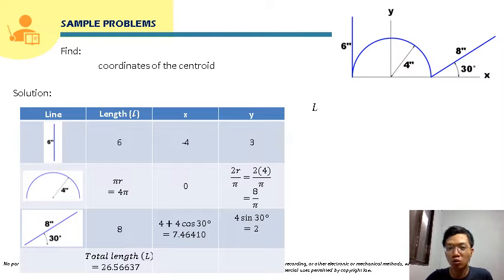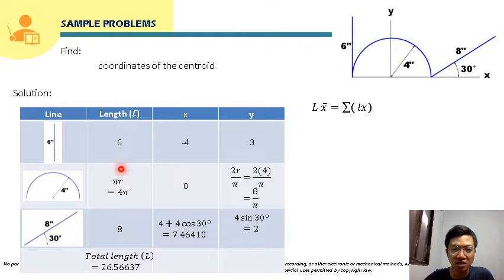Okay, and we are going to use our formula here. To solve for x bar, which is the x coordinate of the composite figure, for the capital letter L, we just have to solve for the total length.